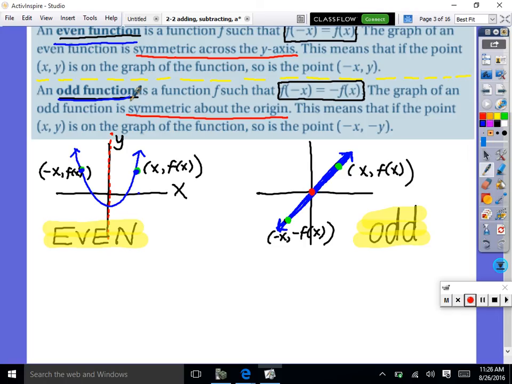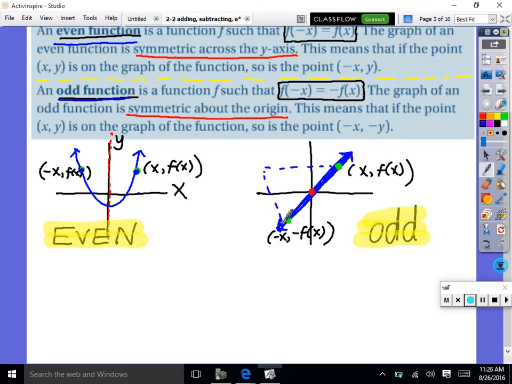So if we flip it across y, then flip it across x, that would make it odd, okay? So how we would check this is, notice this point and this point. If we were to reflect this point across the y and then across the x, do you see how it would match up?